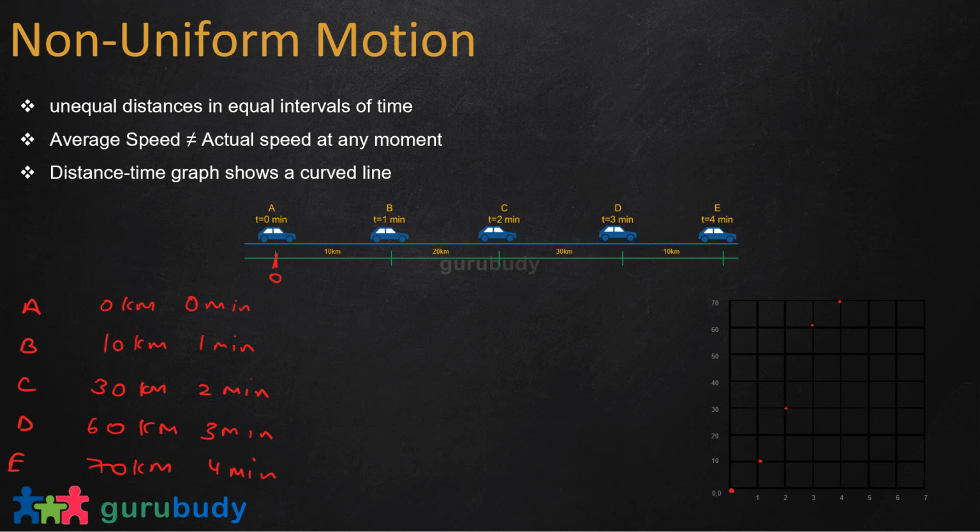So if I want to join all these points together, okay, as you can see, the graph is not a straight line, which it was in the uniform motion. Now it's more like a curved line. Okay, the slope of that line is not constant, and we will talk more about the slope of the line in the next lectures. But the point I want to make here is that the distance time graph of a non-uniform motion is not a straight line. Okay, I think the example makes it pretty clear.